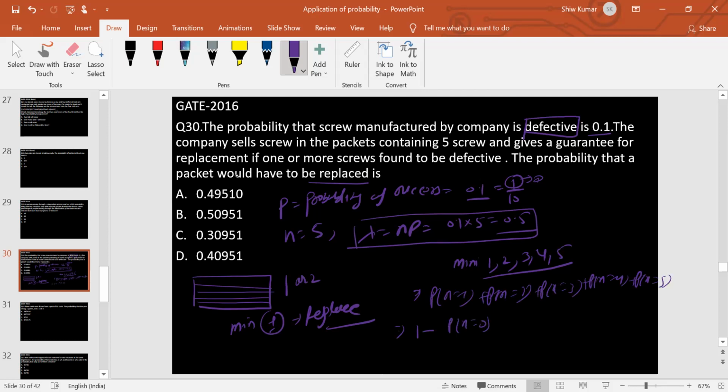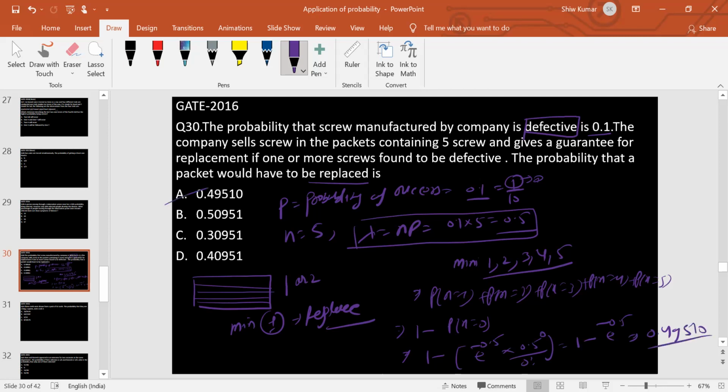If we find out 0 defective products, then you subtract from total probability, so you will get the answer. Always this type of question is asked in the GATE examination. So 0 defective product means e raised to minus lambda, it's e raised to minus 0.5 into lambda to the power 0 divided by 0 factorial, and you will get 1 minus e raised to minus 0.5, and if you simplify them you will get 0.49510.